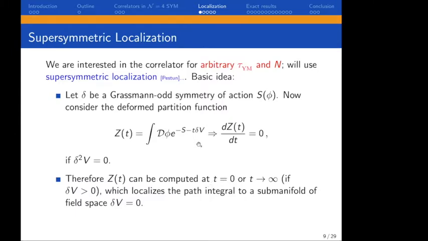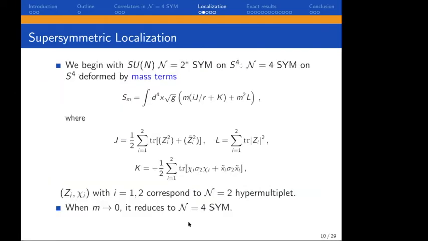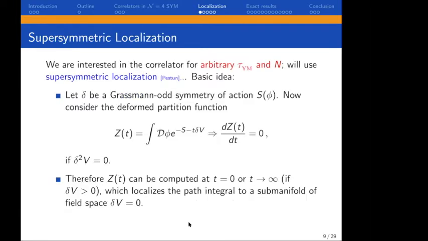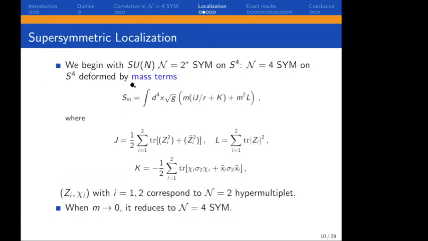This is the one we start with. Or I can compute the same thing at t equal to infinity. At t equal to infinity, the path integral is dominated by delta V equal to 0. Therefore, for a theory like this, the path integral is localized to a submanifold where the field space obeys this condition. For certain theories, this submanifold is even finite dimensional. That is the case for the N=2* super Yang-Mills.